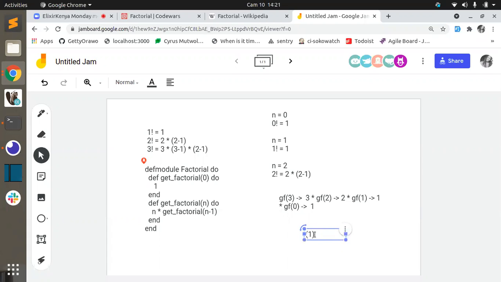The GF of 0 is 1. And this one is times, I'm trying to go backwards, times 1 again, right? Also going backwards, times 2. We go back again, times 3.